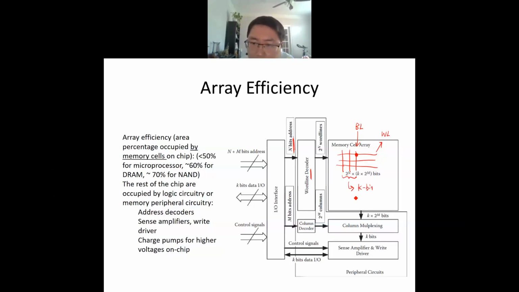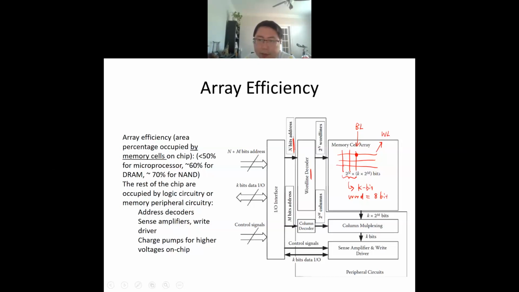So this can be one word. For example, one word can be 8 bits. So when you do the column decoding, you don't need to individually select those 8 bits, because every time you read out, you read out those 8 bits as a group. That means one group here is 8 bits, one word.